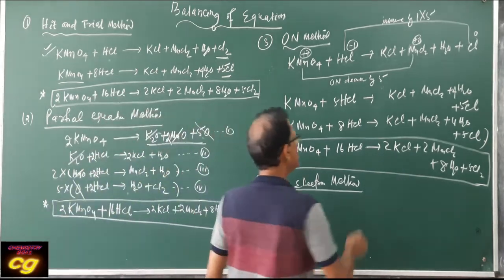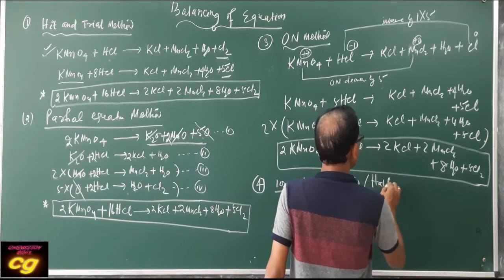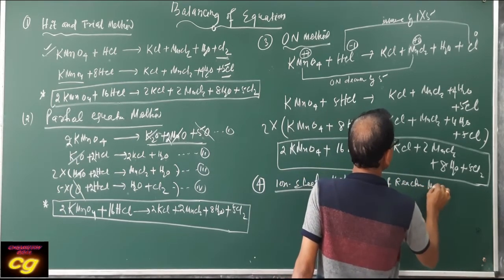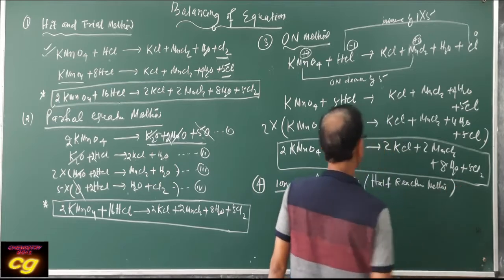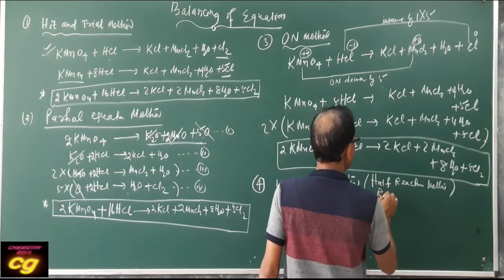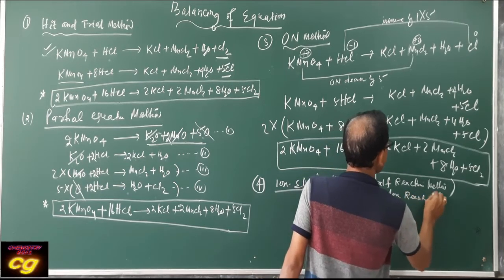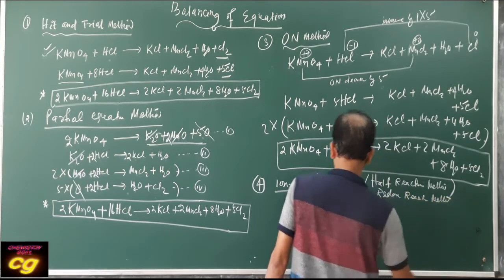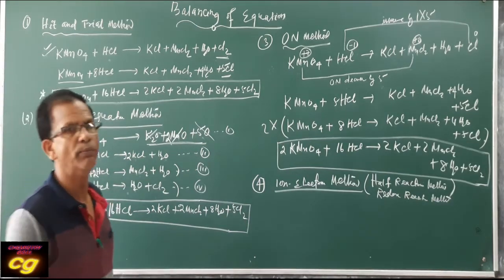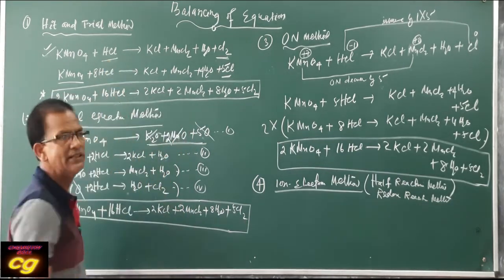This method is also called the half reaction method. It is also called the redox reaction method. In the redox reaction method, what happens? You have to see the medium, whether acidic or basic medium. As the reaction has HCl, it means it is acidic medium.